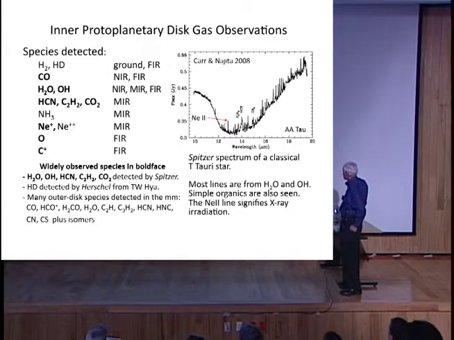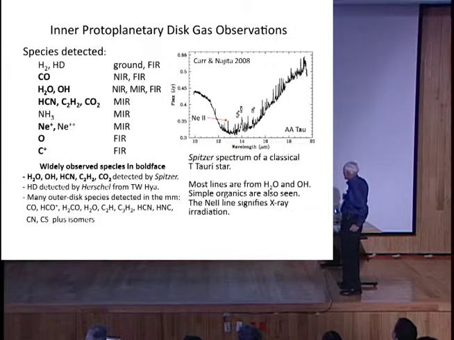Spitzer has been surprisingly fruitful, and essentially this is a spectrum from Spitzer for a T Tauri star, and essentially you get similar spectra for any one of these that's luminous enough to be detected.